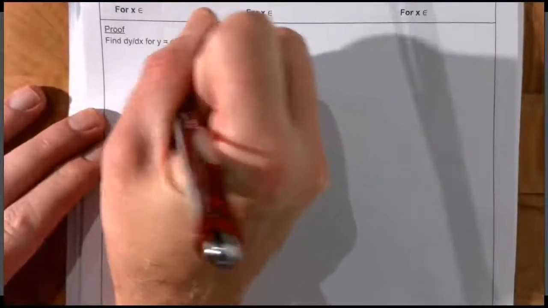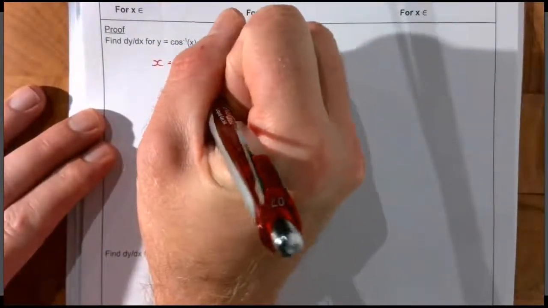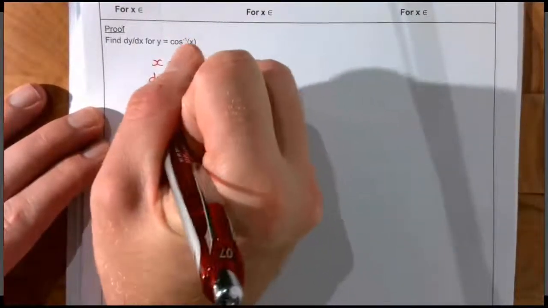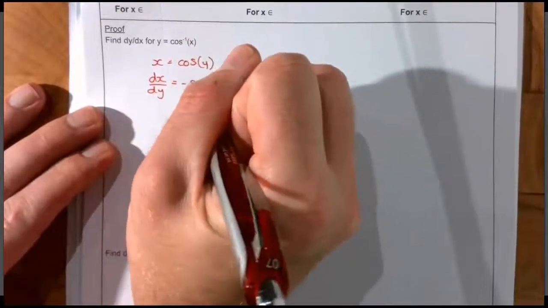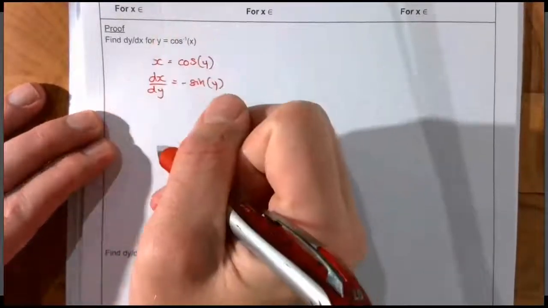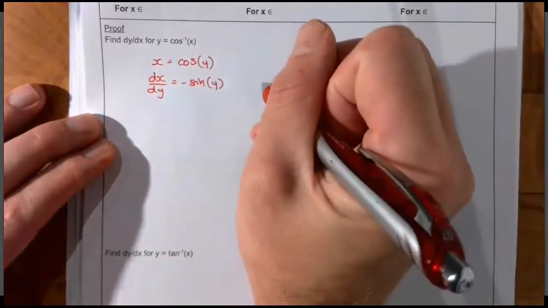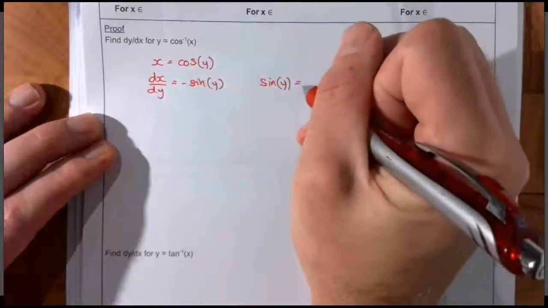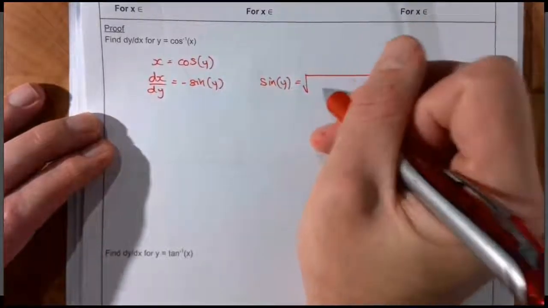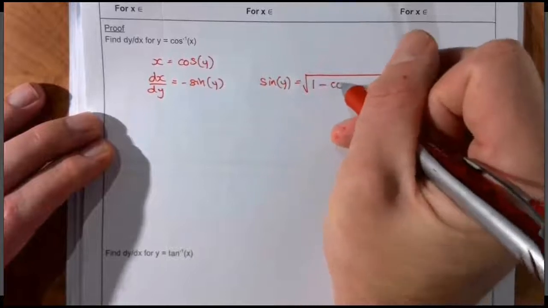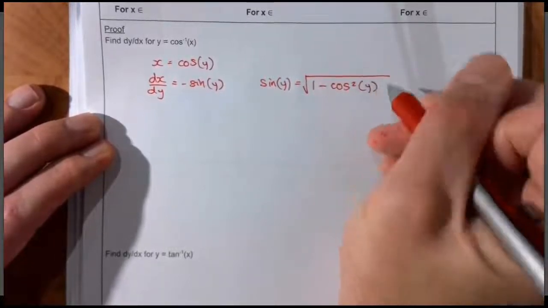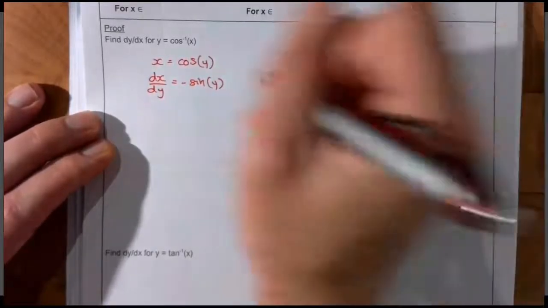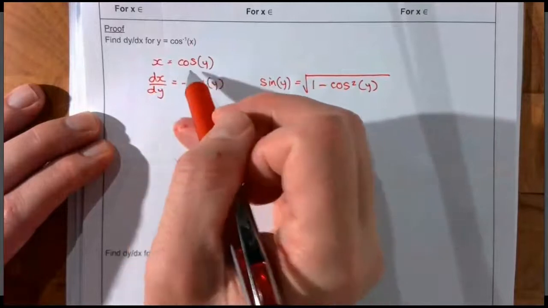So using our method from yesterday, we're going to rewrite x as cos y, we're going to differentiate with respect to y, giving us minus sine y. And then using the hint that I gave you in that slide a second ago, I'm going to change my variable back to x by representing sine as the square root of 1 minus cos squared, and cos, of course, is x.